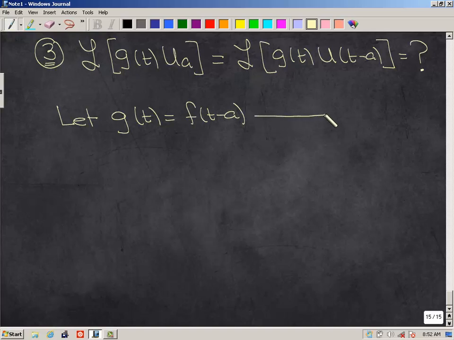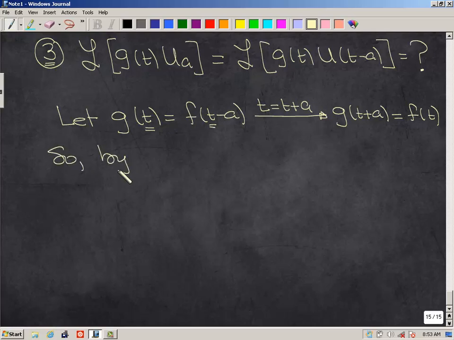So if I do a translation here, if I replace this t with t plus a, and replace this t with t plus a, I get g of t plus a is equal to f of t. I'm just doing a translation. Okay. So what happens by property 2? So by property 2 that we just did, okay, we get this. We get the Laplace of g of t.